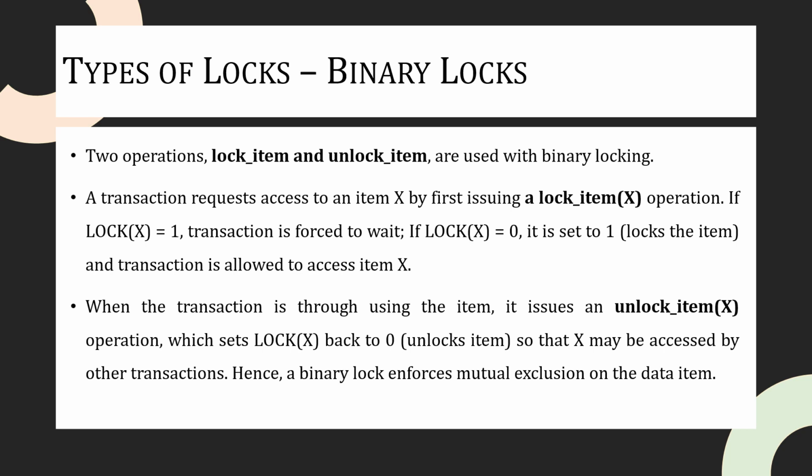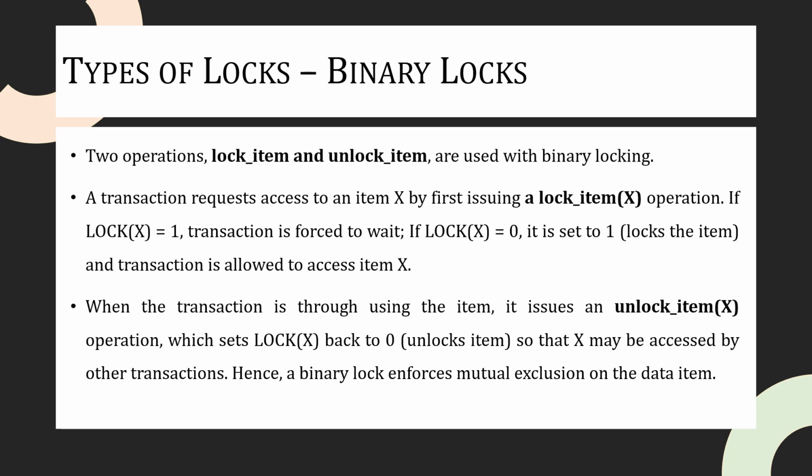If the lock variable on X is equal to 1, then the transaction cannot access that data item, so it is forced to be in the wait state. And if lock of X is equal to 0, the lock variable is set to 1 and the transaction is allowed to access the data item X.